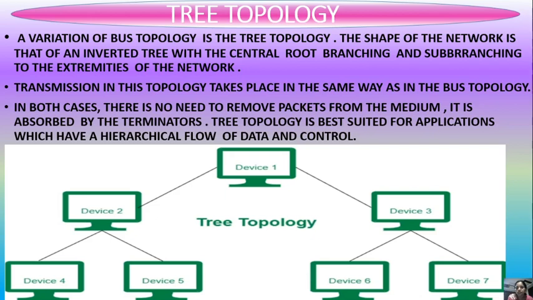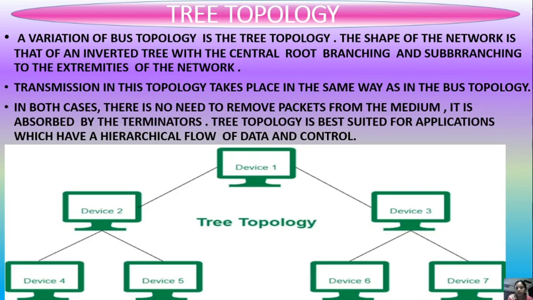Next point here, transmission in this topology takes place in the same way as in the bus topology. So this is the same as bus topology, but only the shape is different. In the bus topology, the shape was linear. Here, it is like a tree, an inverted tree.